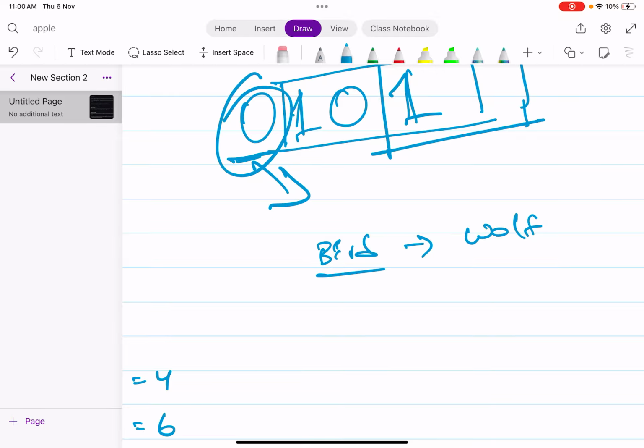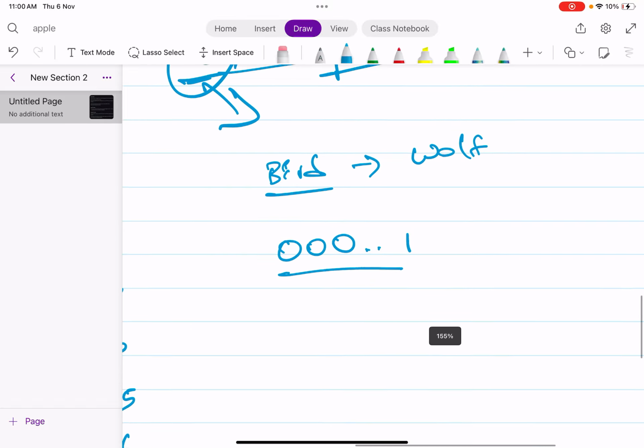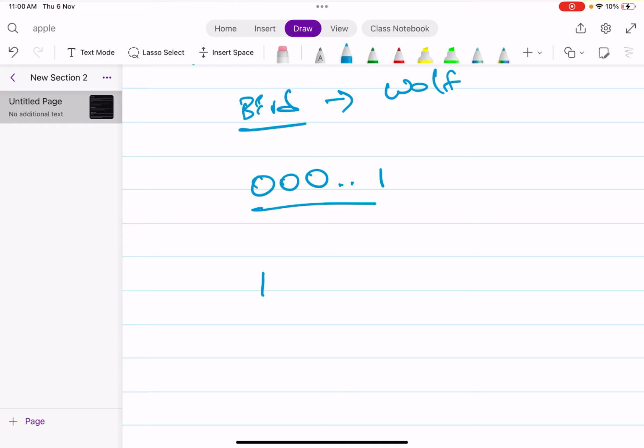Now in this case, let's say there are hundreds of birds before a single wolf. Can I say that all the birds will be safe? Obviously we can. But if there are hundreds of zeros or birds after a wolf, none of them will be safe, because the wolves can eat them.